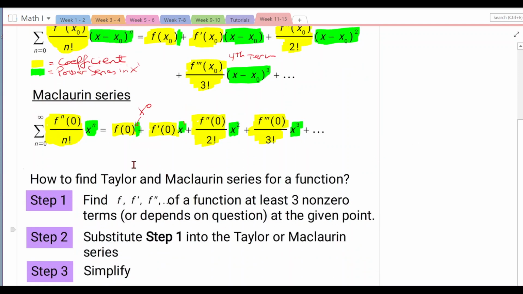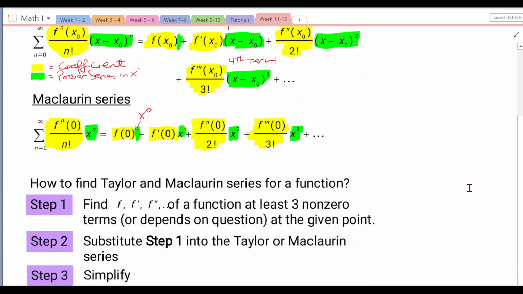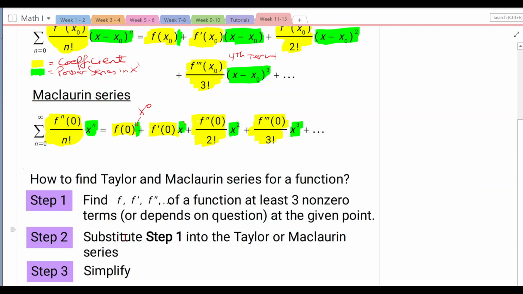Similarly for Maclaurin's, we don't have to use the center, so basically directly substitute 0 into the function. That gives you the coefficient of the original function, first derivative coefficient, second derivative coefficient, third derivative coefficient, and so on. So the second step, substitute step 1 into the Taylor and Maclaurin series, which is all these things. And then finally simplify.